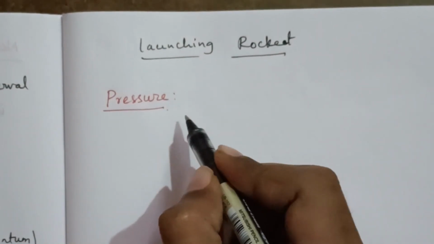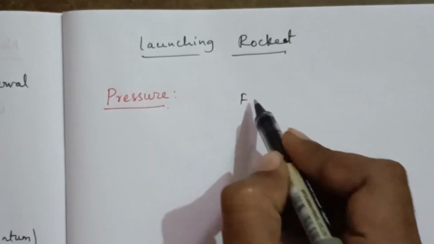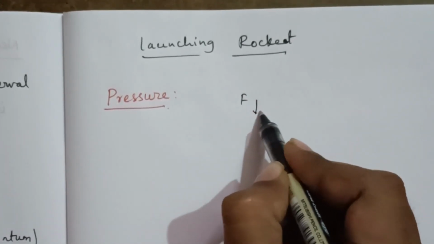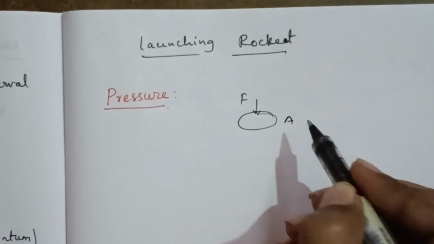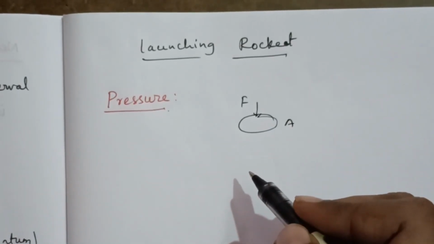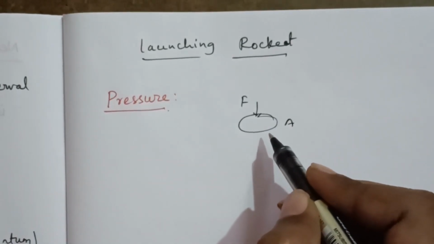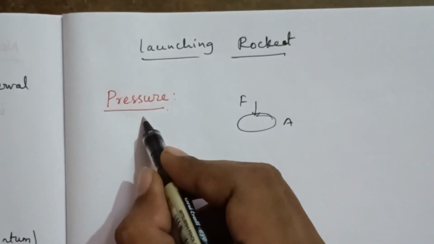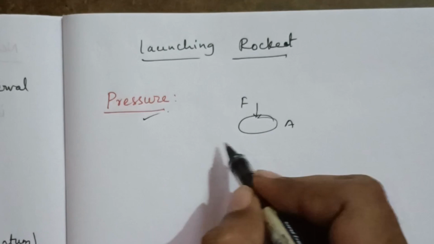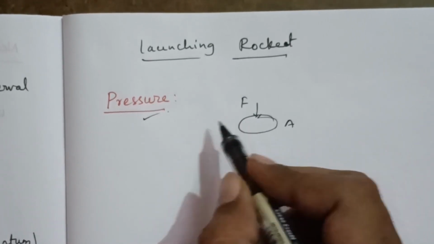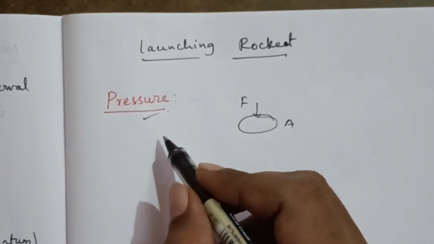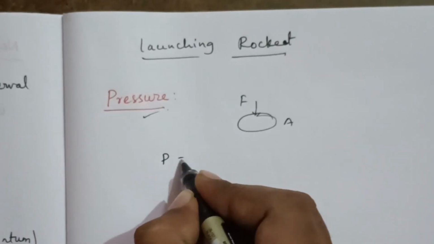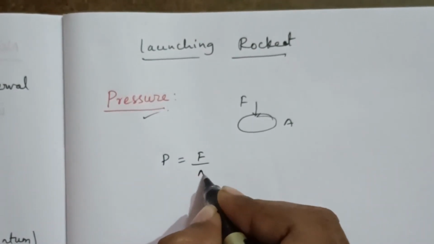Next one is pressure. Force acting on unit area is known as pressure. Pressure is denoted by the letter P, equal to force by area.